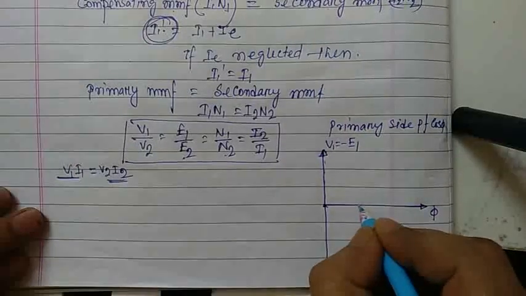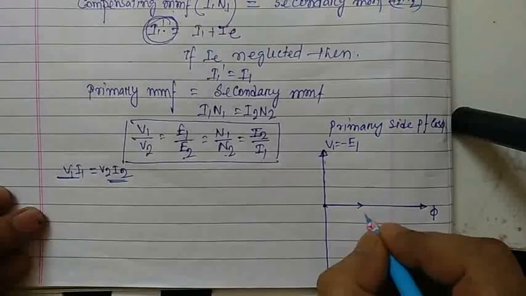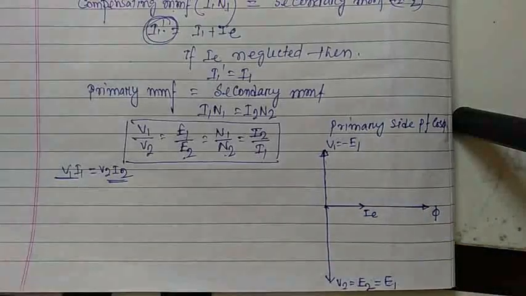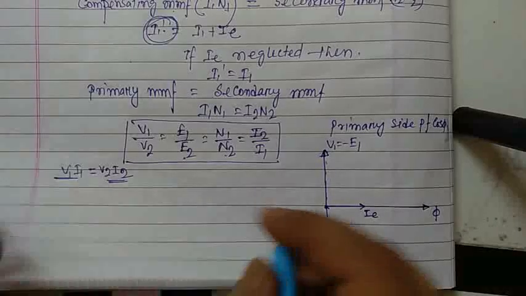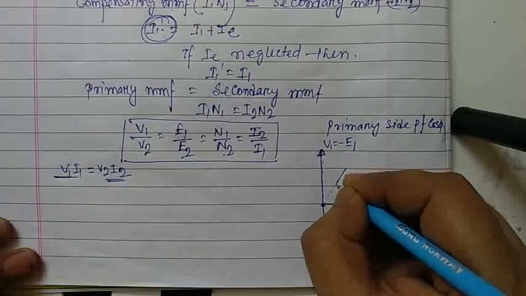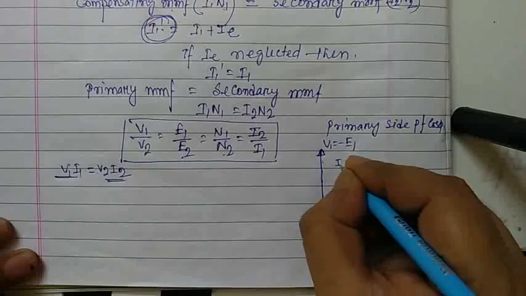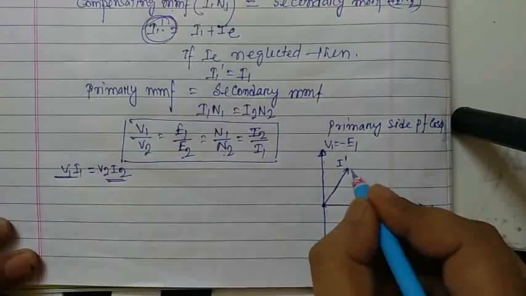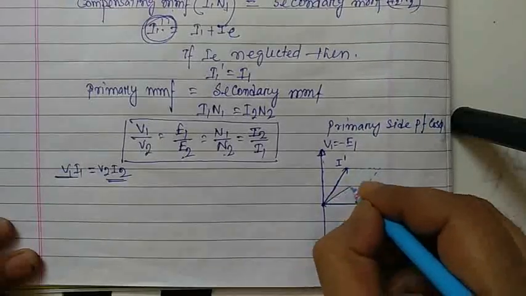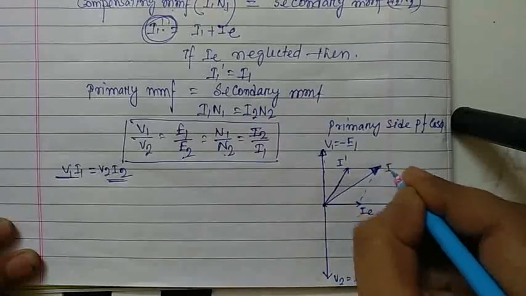Now this is your exciting current IE, and this is the load component current due to the load, I1 dash, so the total primary side current is I1.